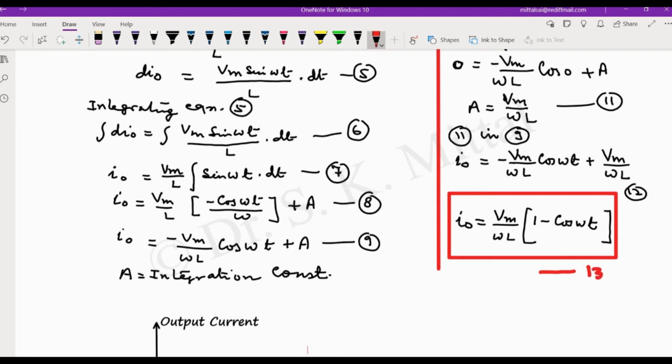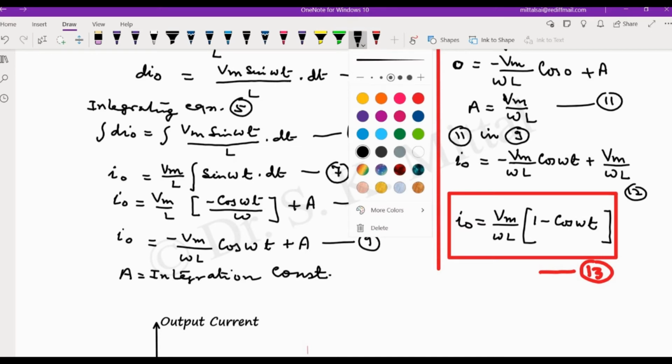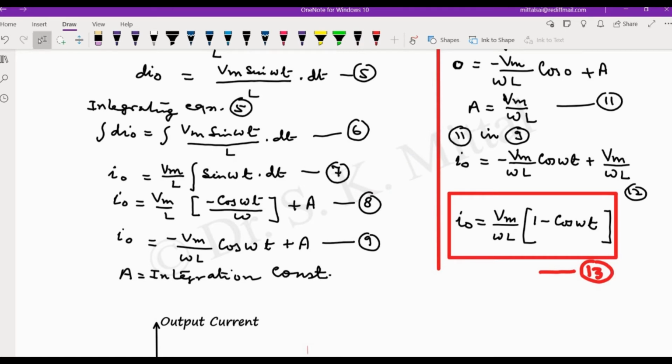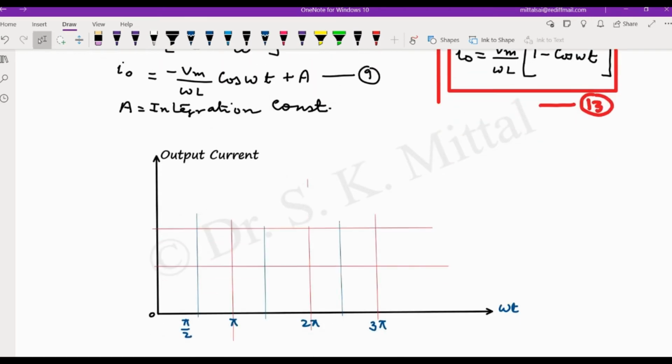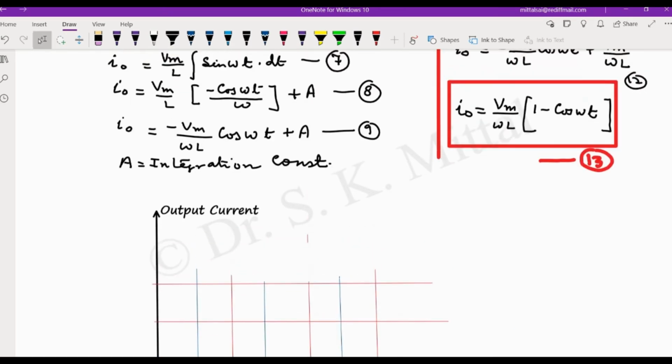On the basis of this equation, we can draw the waveform of this output current. Now see, one by one at different points, I will calculate the value.